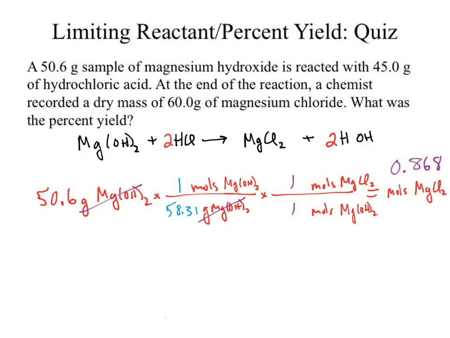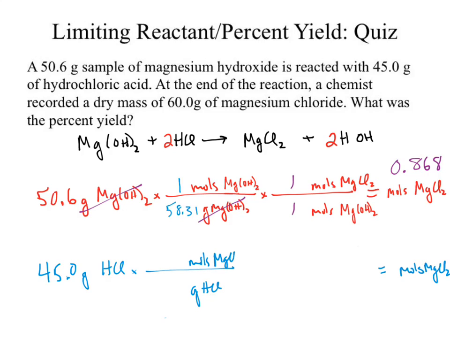Then we start with our HCl. What did we start with for our HCl? 45.0 grams HCl. What am I trying to get to? Our moles of magnesium chloride. Is there a direct conversion between the grams of HCl and the moles of magnesium chloride? No? Oh well, we erased that top one.